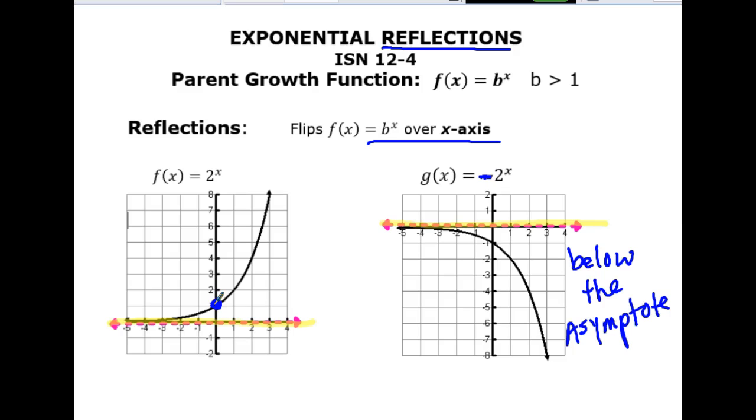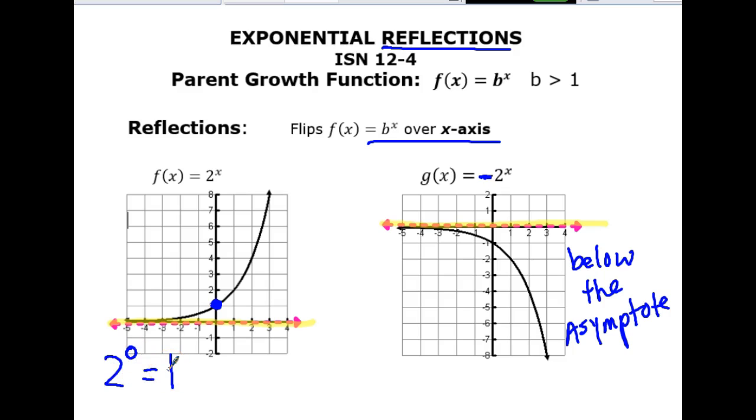What is the x value right here? 2 to the 0 power is equal to 1. Do you remember that fun fact from exponents? Anything raised to the 0 power is equal to 1. That's why it's one box, because the x value is 0 and that's equal to 1.